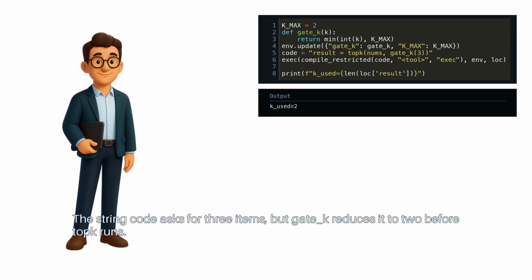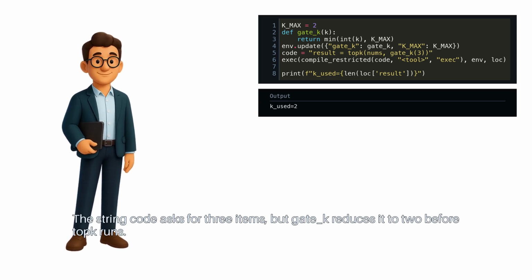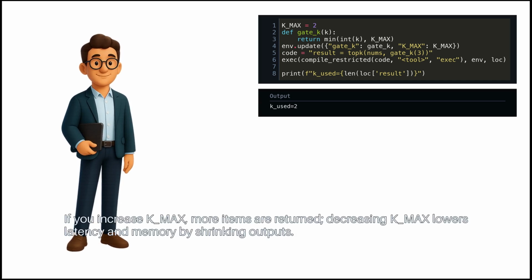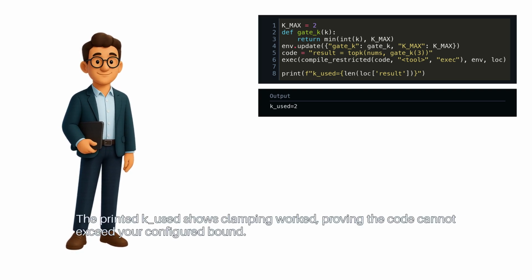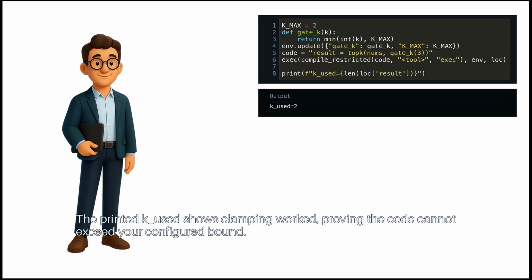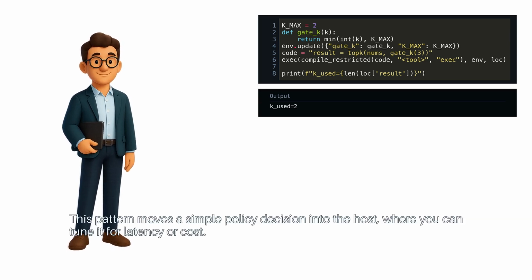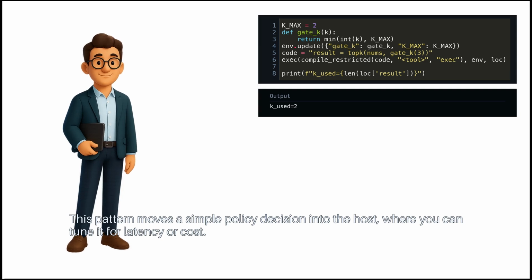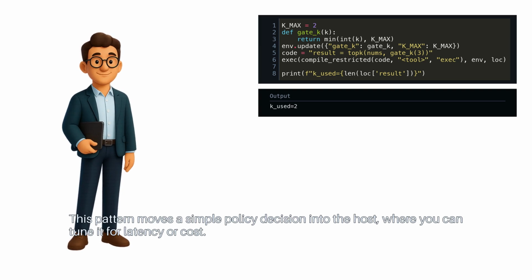The string code asks for 3 items, but gate_k reduces it to 2 before topk runs. If you increase kmax, more items are returned. Decreasing kmax lowers latency and memory by shrinking outputs. The printed k_used shows clamping worked, proving the code cannot exceed your configured bound. This pattern moves a simple policy decision into the host, where you can tune it for latency or cost.